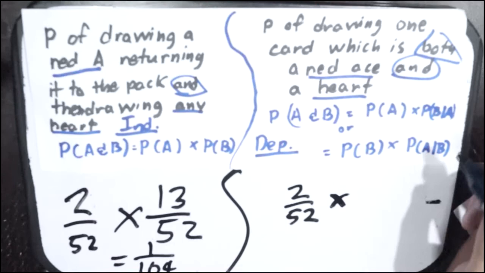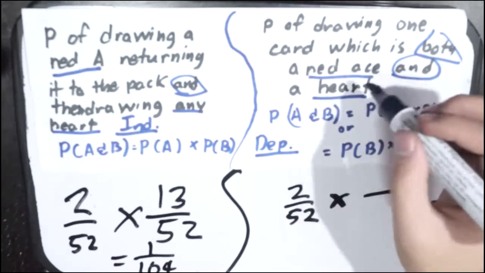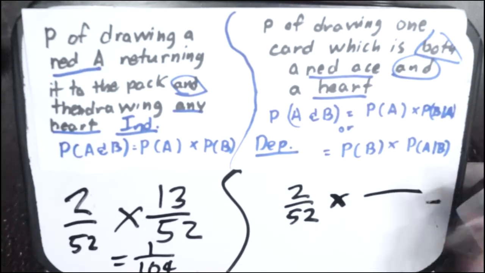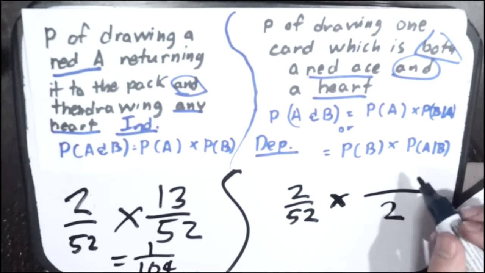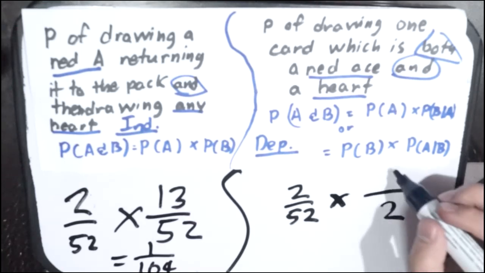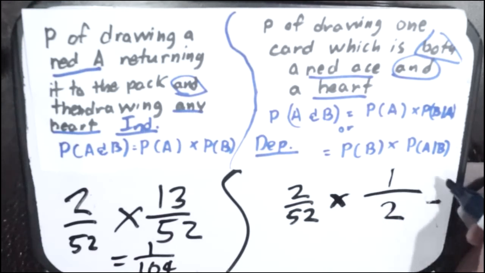Multiply that by the number of times B happens in A, granted that A has already happened. A red ace can only happen twice. So what is the possibility of a red ace being a heart? It's only one. And then you'd get the answer.